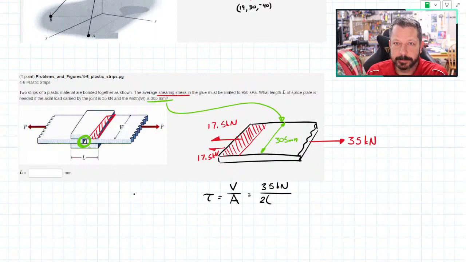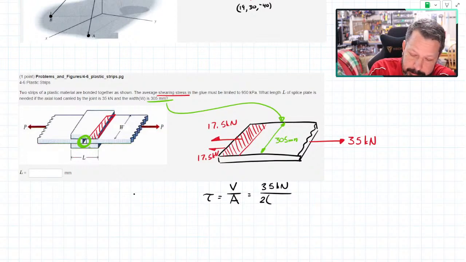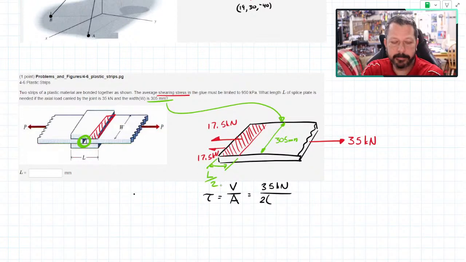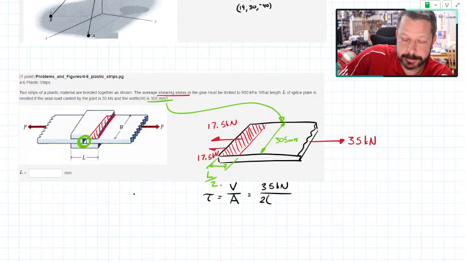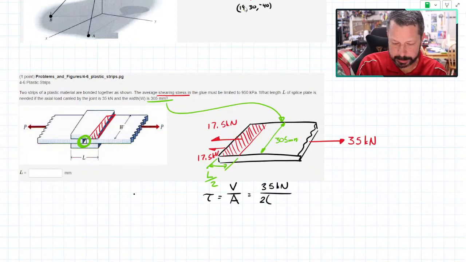If you feel it would need to be known and you don't have that information, just write down your assumption. My assumption is that that gap is really tiny, and that means this distance here is L over 2, and the other half of it is on the other side of the splice. So my area for the red shaded area would be L over 2 times 305 millimeters.